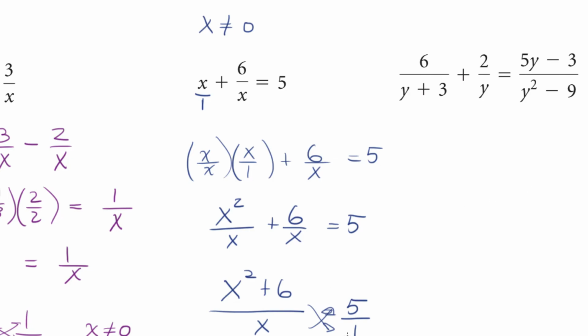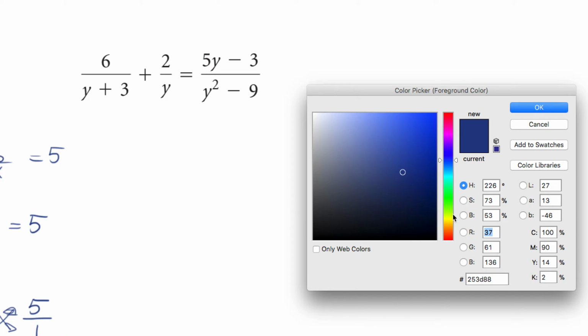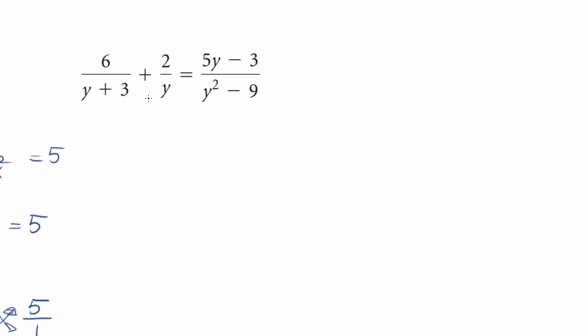Now let's go to a little more challenging one. Let's change colors and everything. So now you have a fraction with denominators that are linear functions, and then also quadratic. So the question is, what's the common denominator between all these fractions?